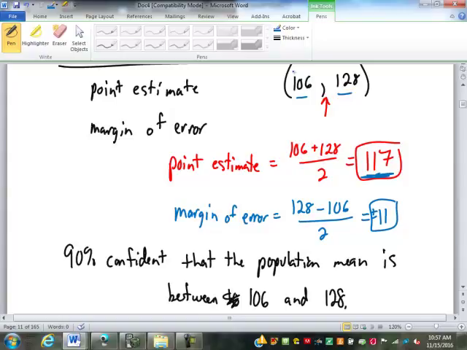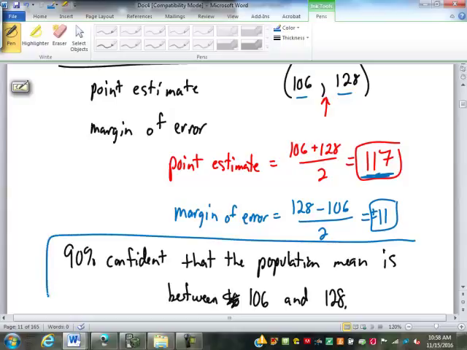So 90% of the sample means would be close enough to that so that that range would include the population mean, but not always. So this statement is very careful. We're not saying that 90% of the time the mean will fall within this range. That's not true. We're saying we're 90% confident that this range contains the population mean because we went out far enough that 90% of those means would be close enough that that range would cover it.